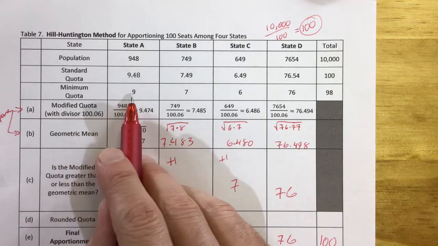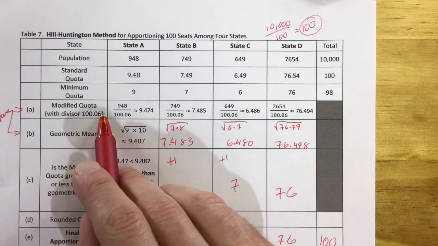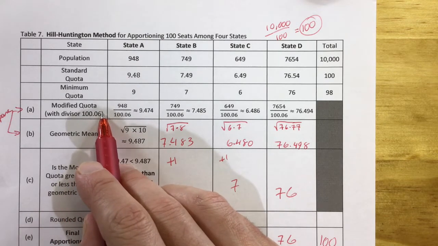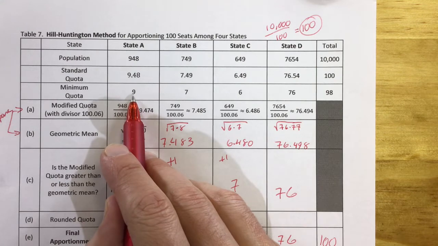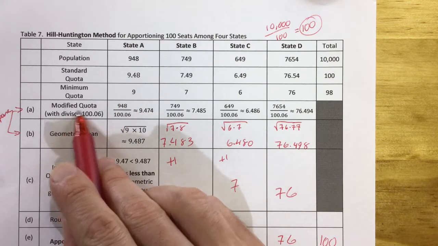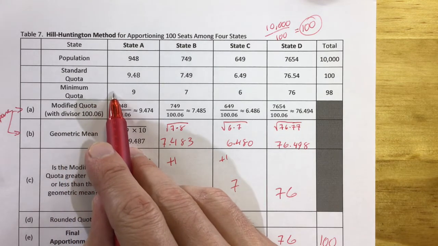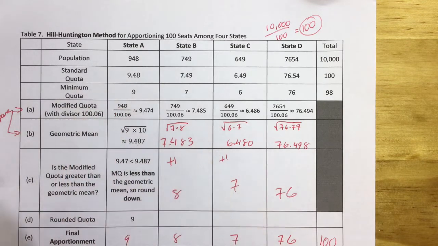It's going to go up from the minimum quota. Sorry, I misspoke. If the geometric mean is greater than the modified quota, then you're going to keep the minimum quota. You're not going to add on any seats in that case.